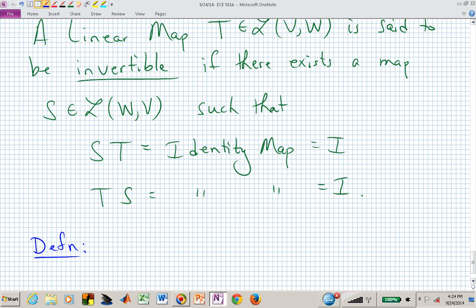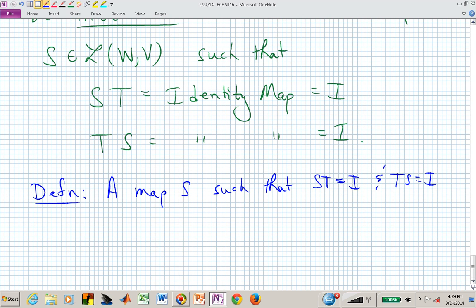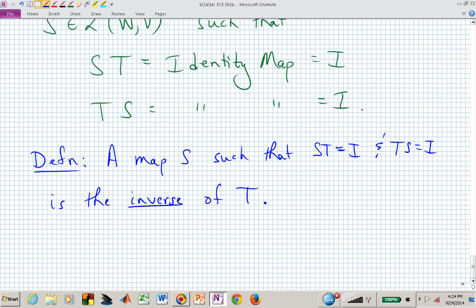And a map S, by definition, such that ST is equal to I and TS is equal to I, we will say is the inverse of the linear map T. That's how we will define the inverse.